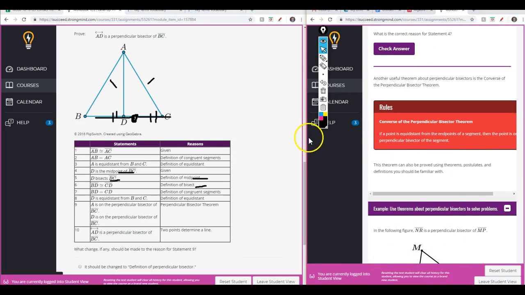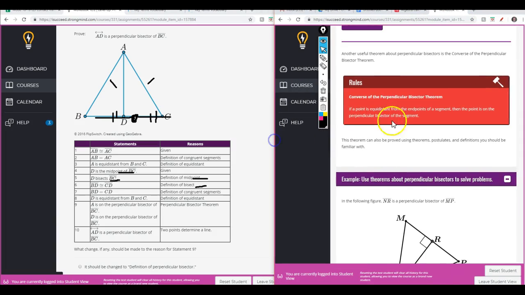However, it might be helpful. So, if a point is equidistant from the endpoints of a segment, so here's our two endpoints, B and C, and we did state that it was equidistant right here, then the point is on the perpendicular bisector.